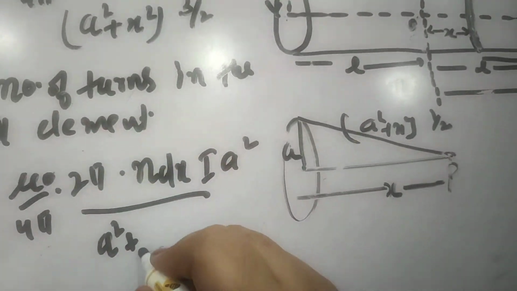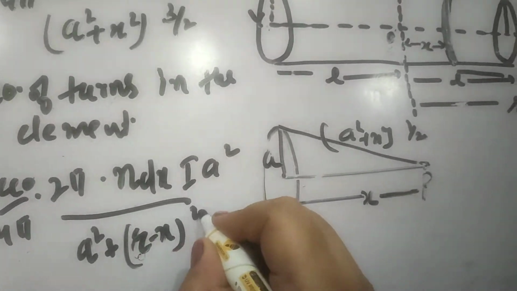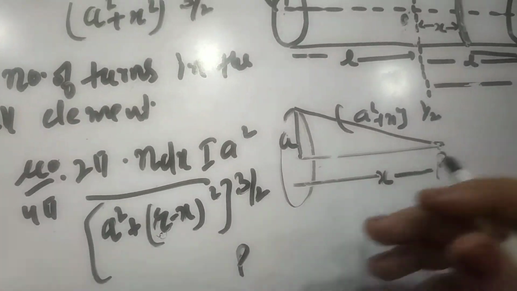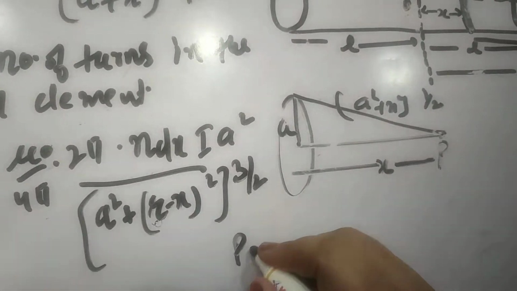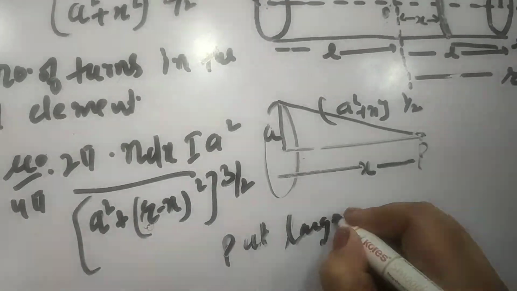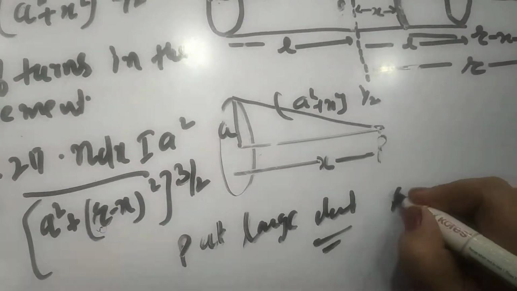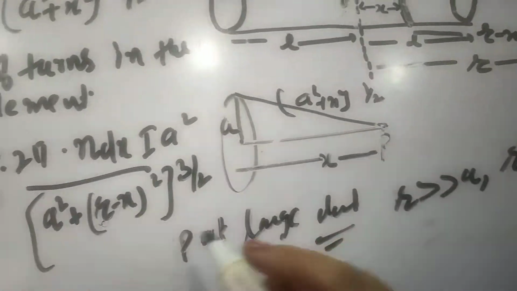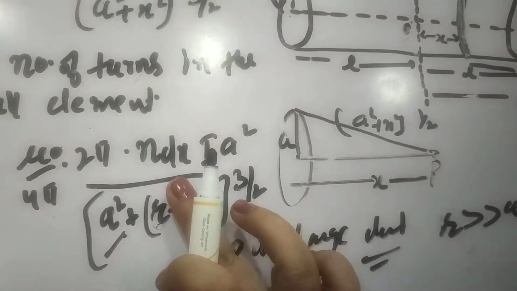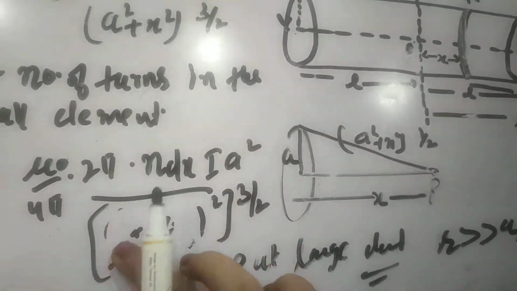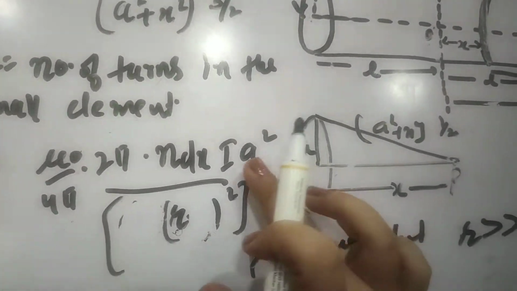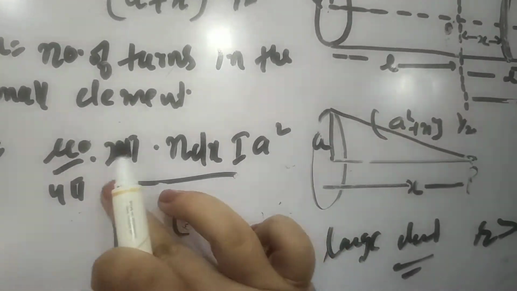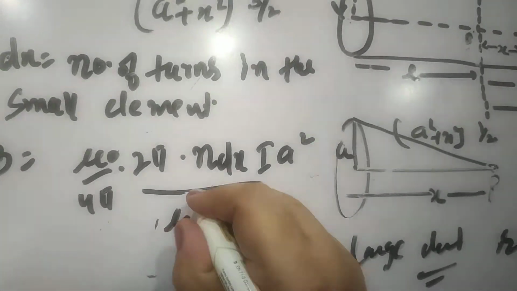So x will be replaced by (r minus x) whole square raised to power 3 by 2. Now since P is at a very large distance, r is much greater than a, and r is much greater than x. So ignoring a and x, we get only the term r square, and this 2 will cancel out with the 2, so we get the term r cube.